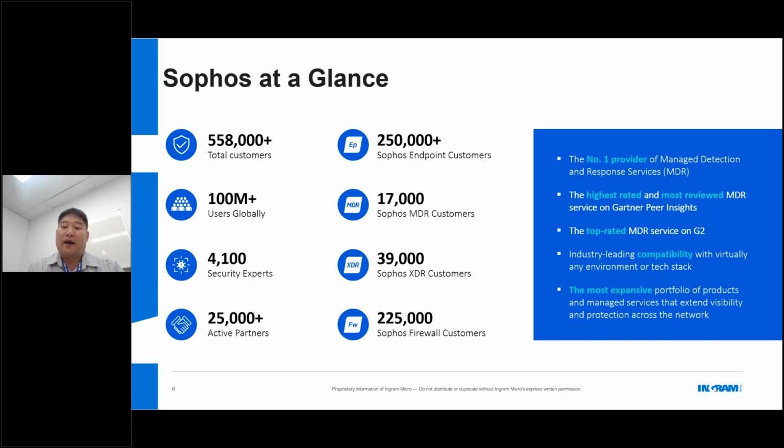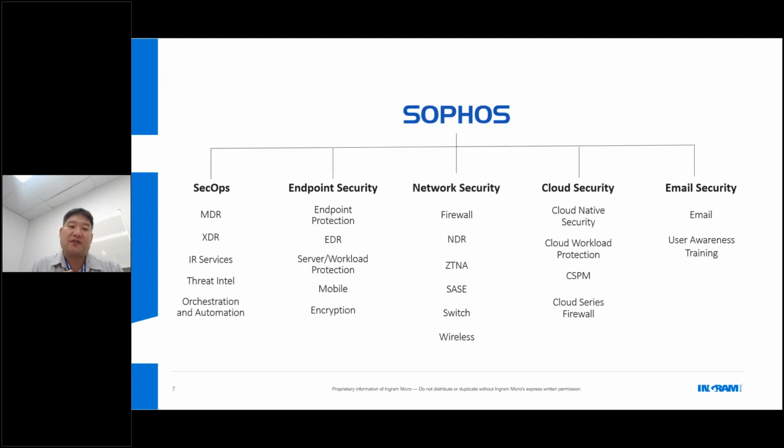I'll also briefly mention security operations, which is another conversation customers and partners are looking for, in terms of providing a security operations center that helps with threat hunting, correlation and remediation of cyber incidents. From endpoint security, we have the Intercept X platform itself.